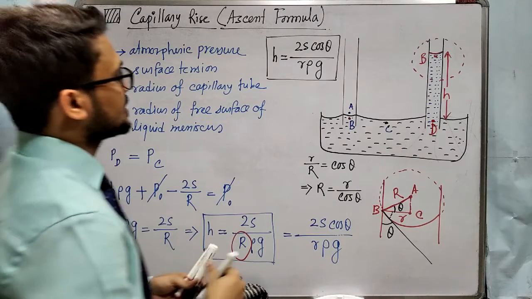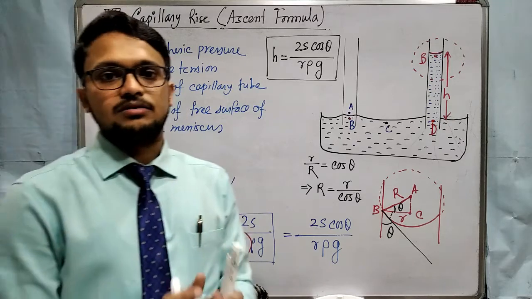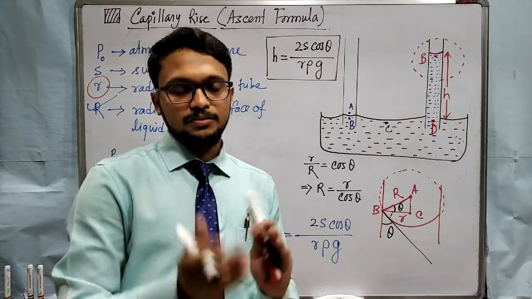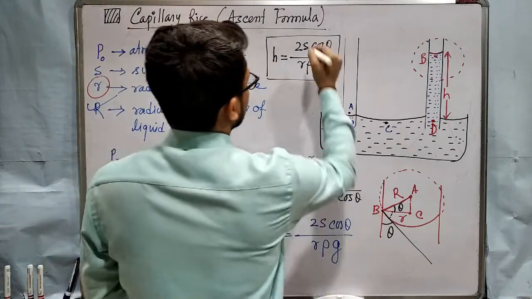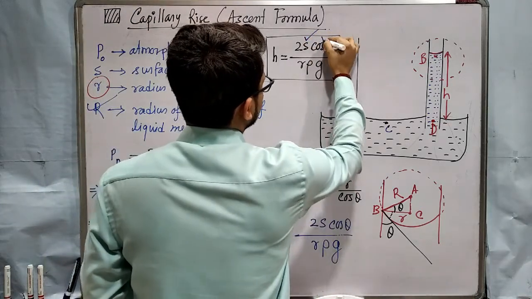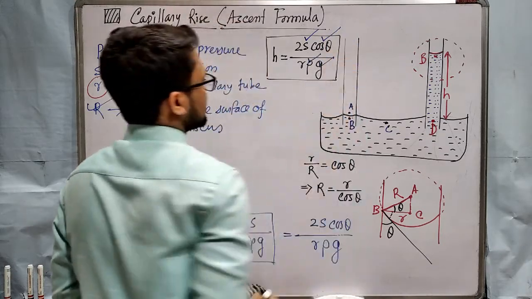Here if we take a particular solid and liquid, then s will be constant, cos theta will remain constant, rho is constant and g will be constant.